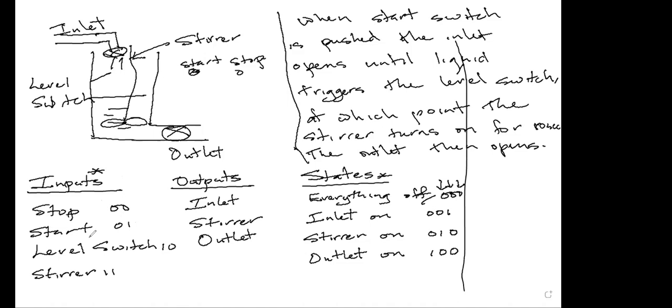But that is going to lead to more circuit design that we have to do, because we're going to have to design a multiplexer. We could have just said start is 4 different inputs. So one of the things that we could have done is stop is 0, 0, 0, 0, start is 0, 0, 0, 1, level switch is 0, 0, 1, 0, and stir is 0, 1, 0, 0. We could do like we did with the states.